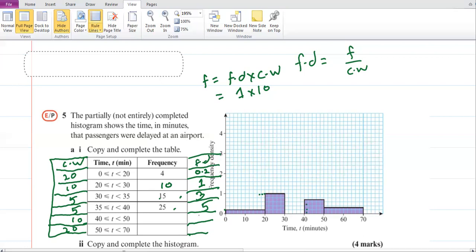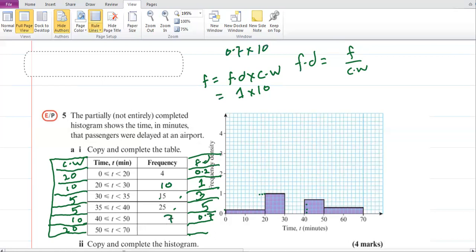It means the frequency density for this one is 0.7. Now, if you have frequency density 0.7, what will be the frequency? Use this formula again. 0.7 multiplied by the class width for this one, which is 10, makes 7.